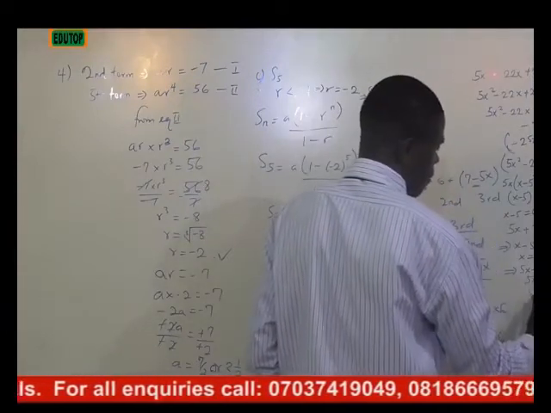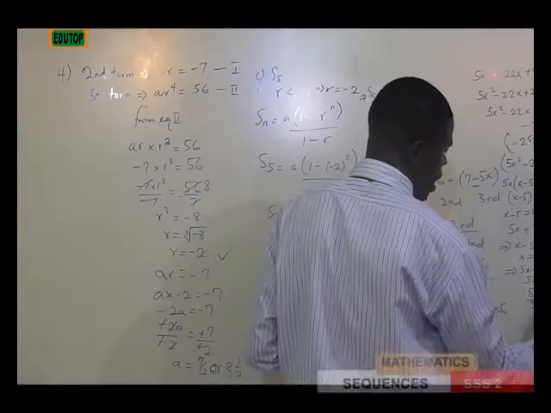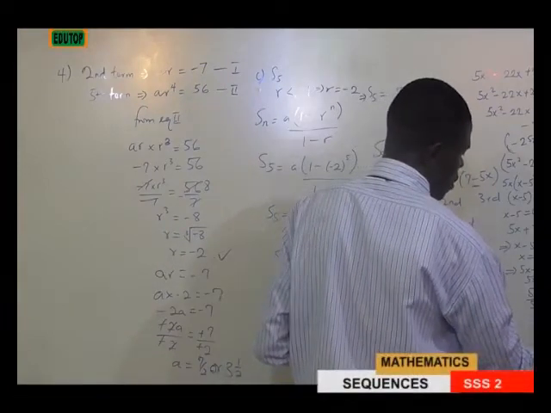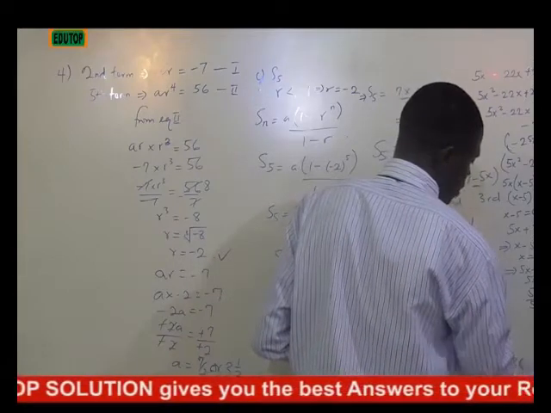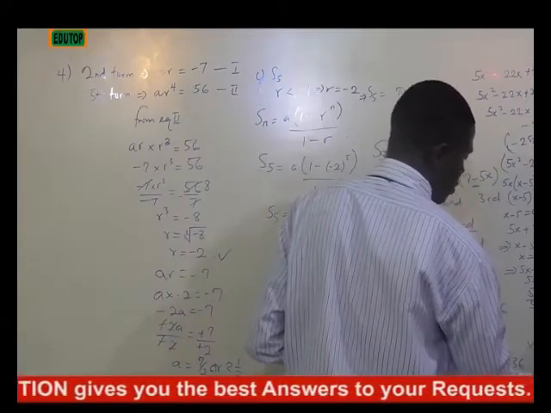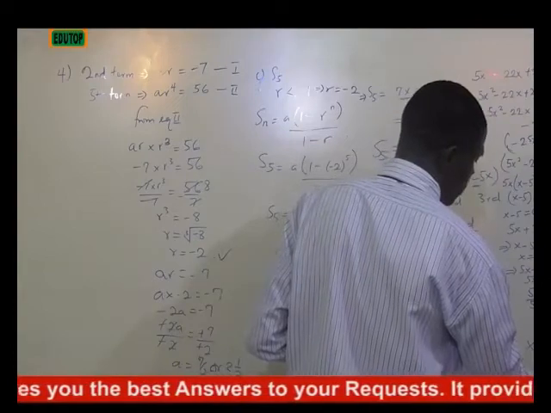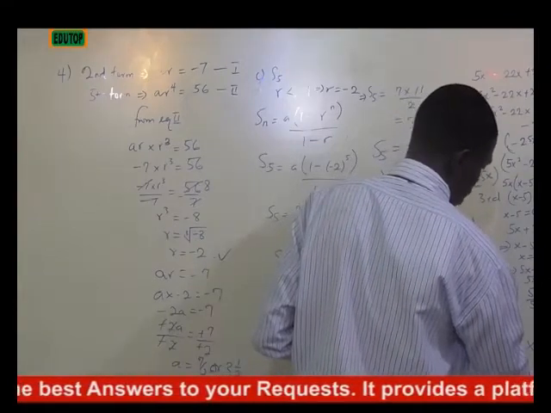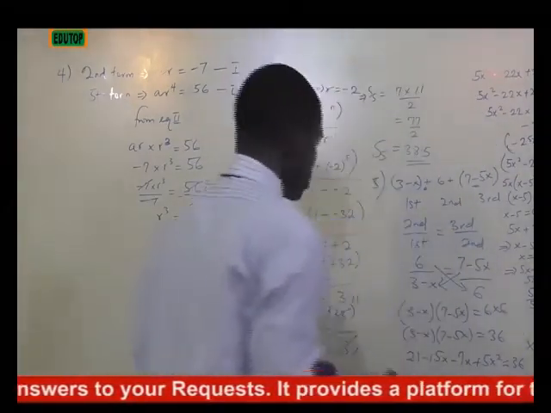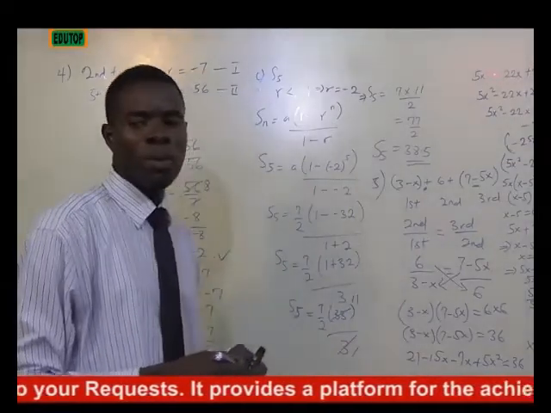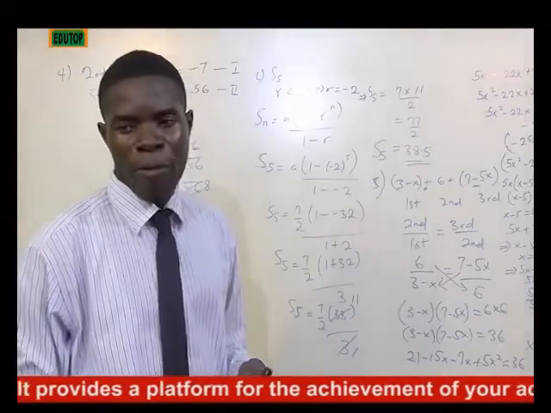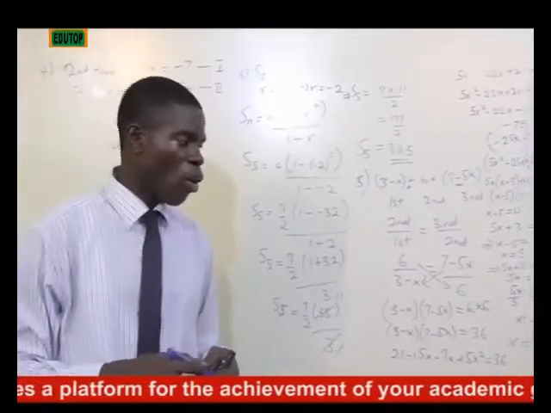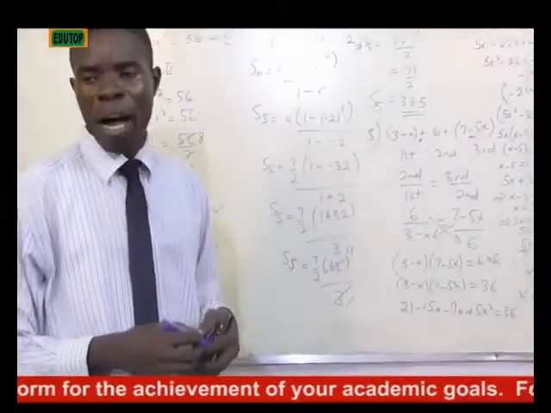Divide both sides by 5, then we'll have x equal to minus 3 over 5. And the two possible values of x are 5 or minus 3 over 5.